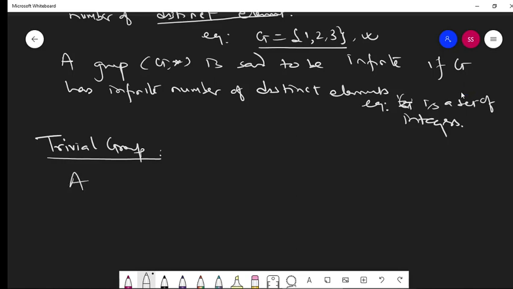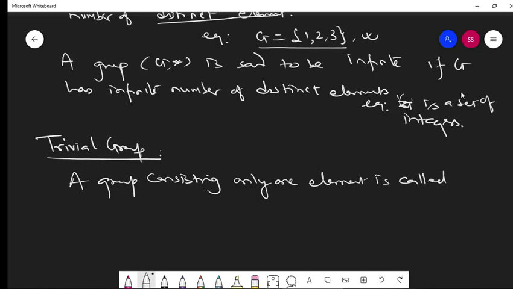A group consisting of only one element is called a trivial group.